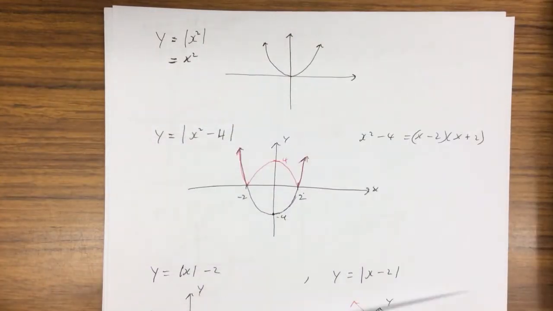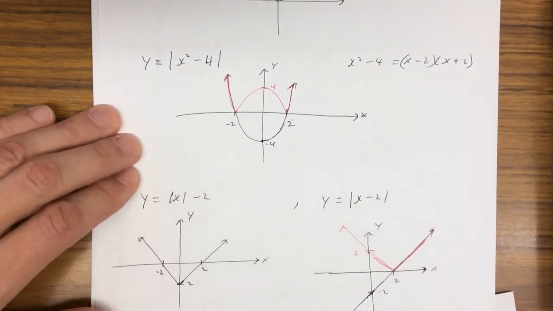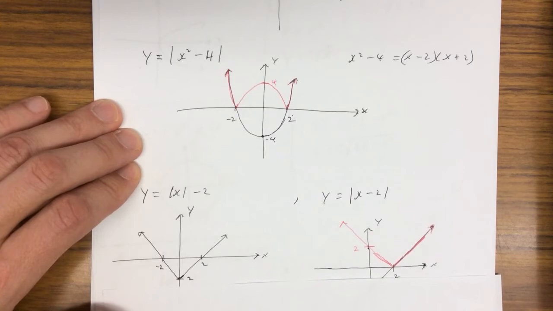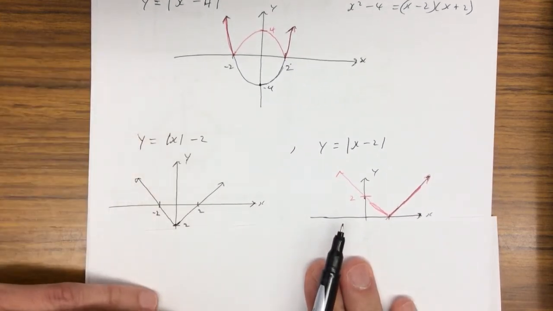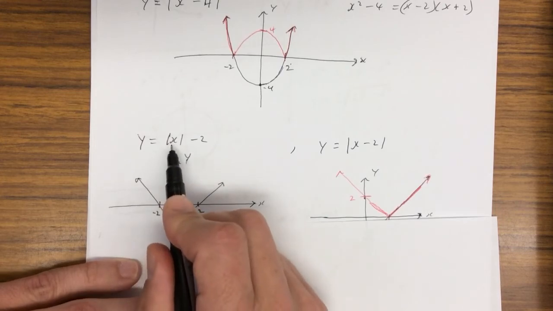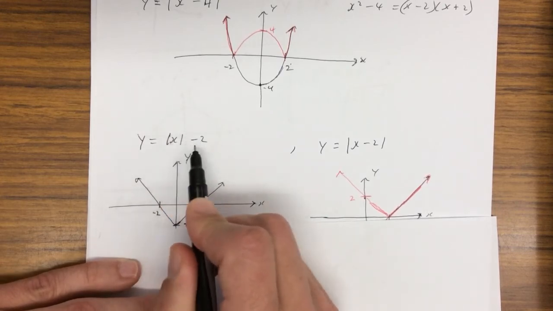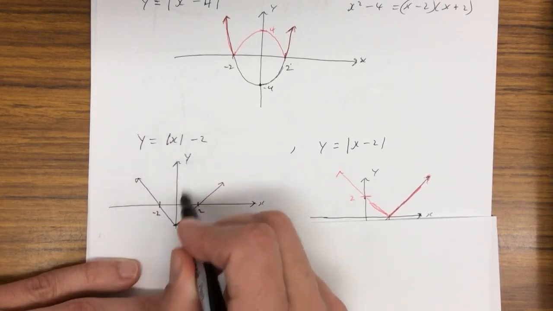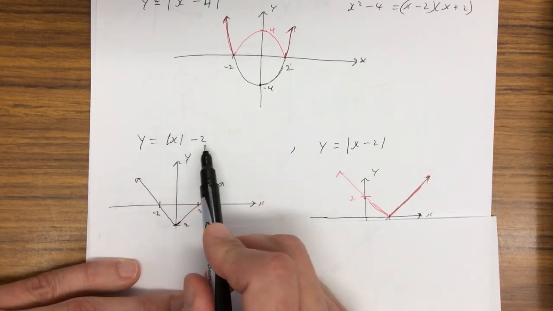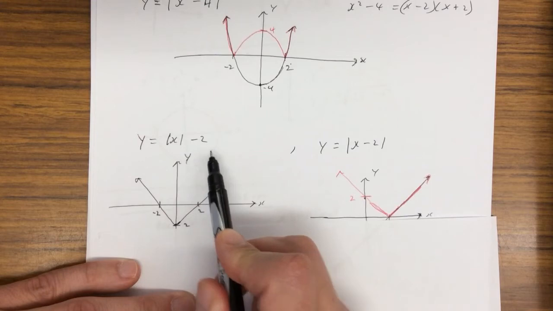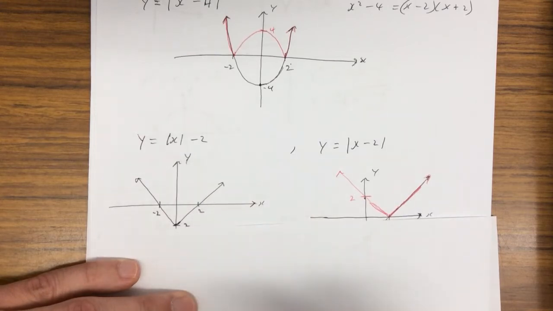And another example of this, or a couple of examples, are right here. Okay, so absolute value of x minus 2 means take the absolute value of x graph, which is the V, and subtract 2 from each y value so it gets shifted down. Because the -2 is outside of the absolute value, it's okay.